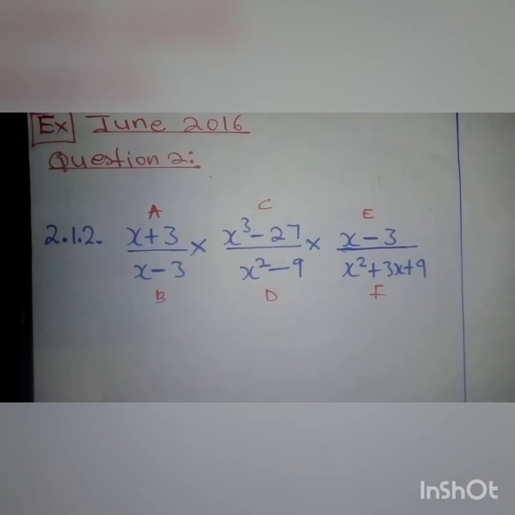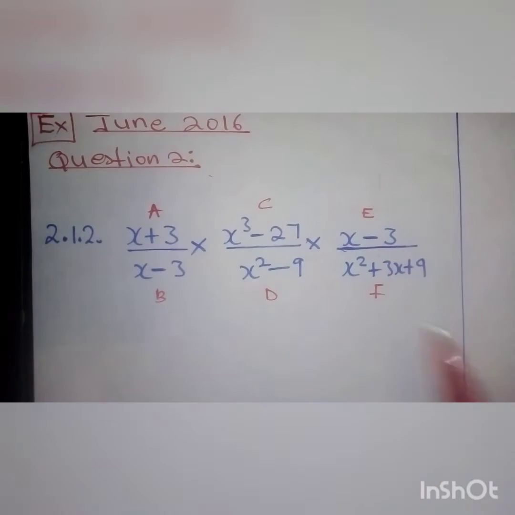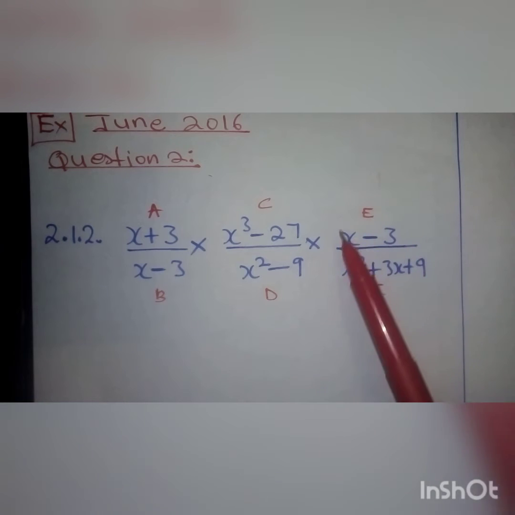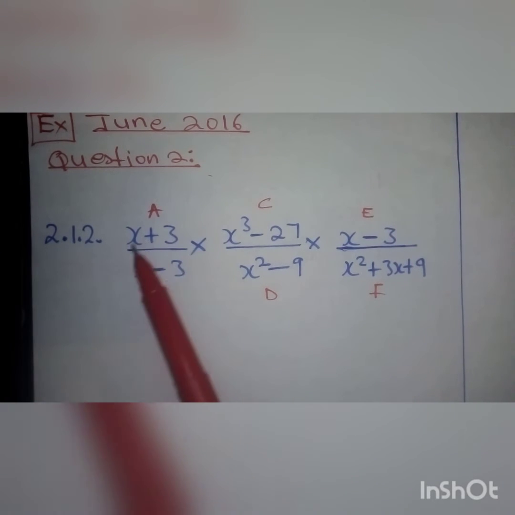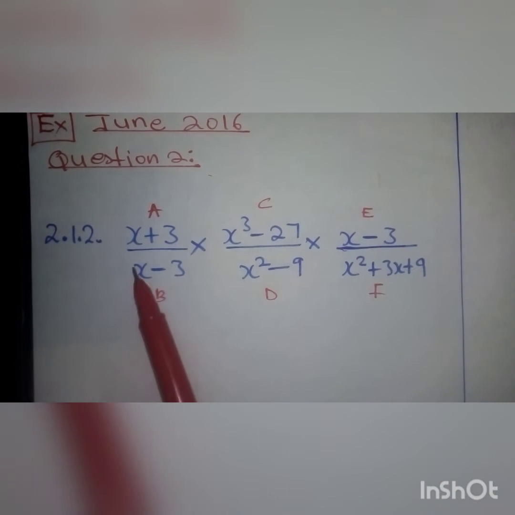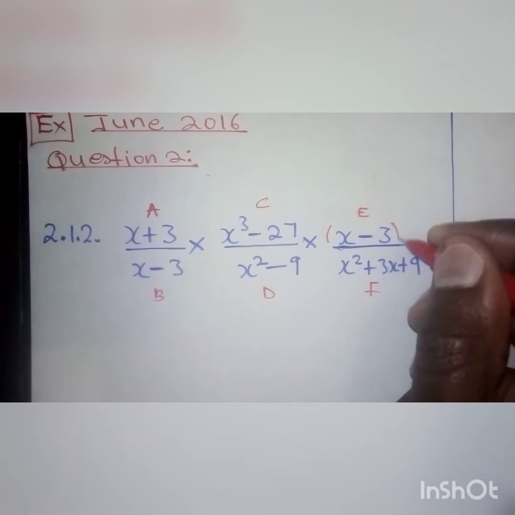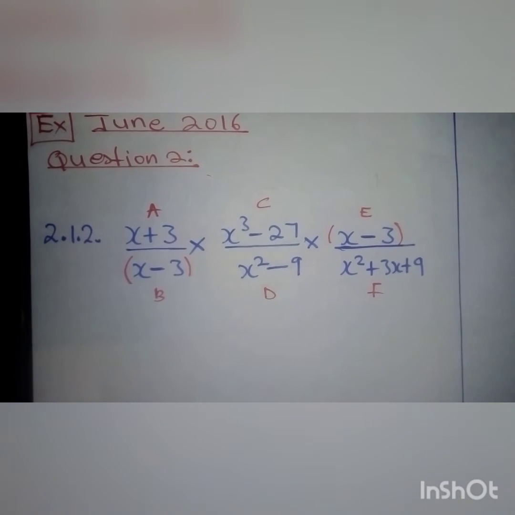Okay, so if we analyze, we can see that this is the multiplication of fractions, and we know how multiplication of fractions operates. Therefore, numerator E divides with the denominator B. It is x minus 3 divided by x minus 3, which is equal to 1.